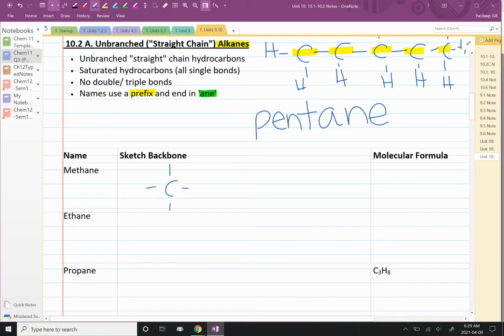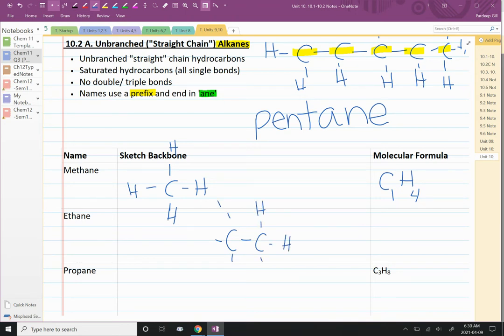So meth represents 1 carbon, and then the molecular formula is C1H4. And then for eth, we have 2 carbons, and then you top up with hydrogens.